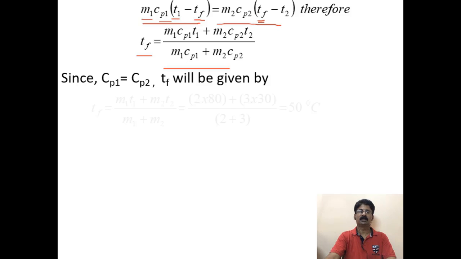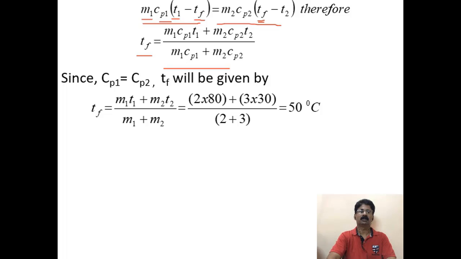Cp1 is equal to Cp2, so you will get M1 T1 plus M2 T2 by M1 plus M2. This is the case only when both are the same fluid with the same specific heat. Otherwise you cannot cancel. Suppose water is mixed with some oil or some other fluid with different specific heats, then you have to write them separately. So be careful about this.